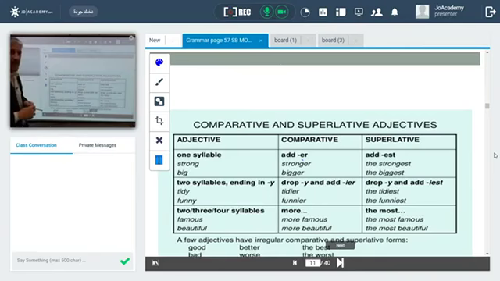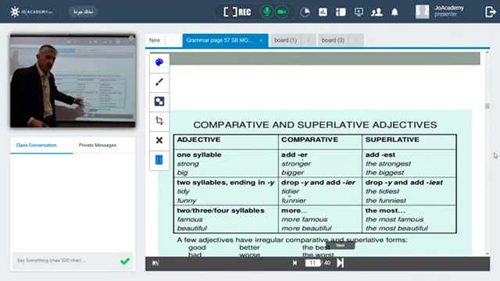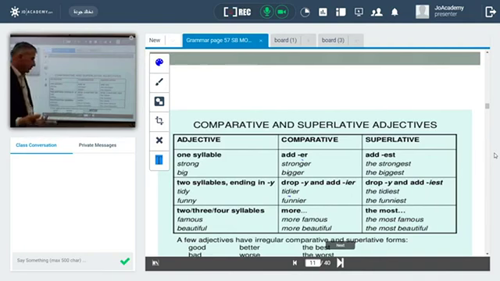So tidy becomes tidier than, and funny becomes funnier than.